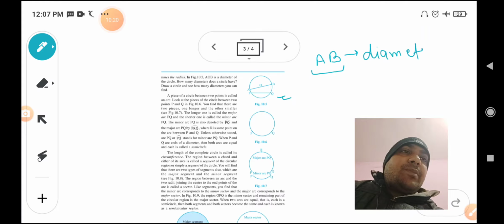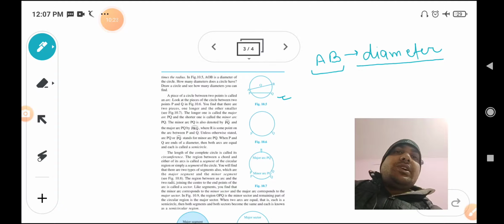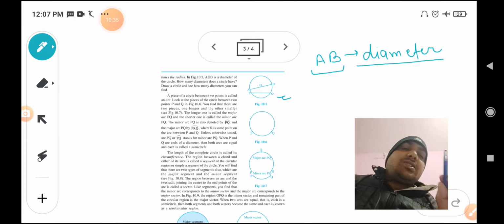So what is diameter? Diameter is a chord passing through center of a circle. Is it clear to everyone? So diameter is also a chord, but the specialty is it passes through the center of a circle. Is it clear to everyone? Okay.